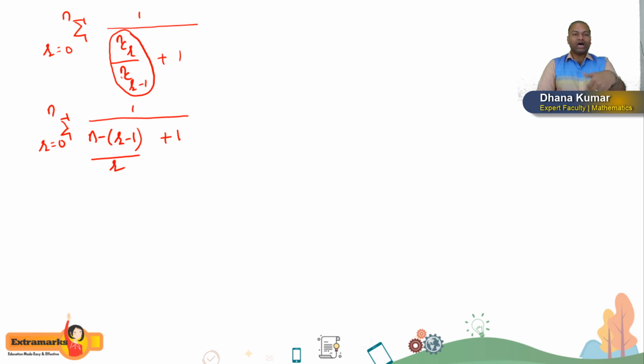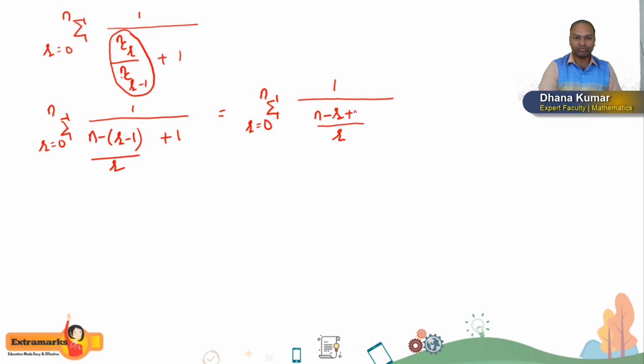Clear? Okay. After that, general simplification, find LCM. Sigma r is equal to 0 to n, 1 by LCM is what? r. Numerator n minus r, minus into minus plus 1 plus r.